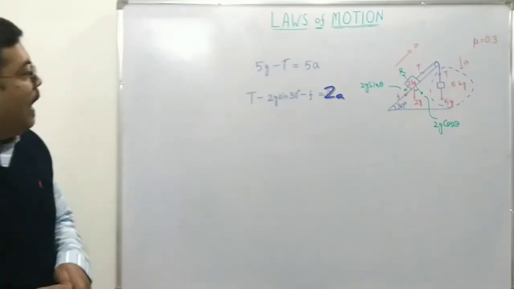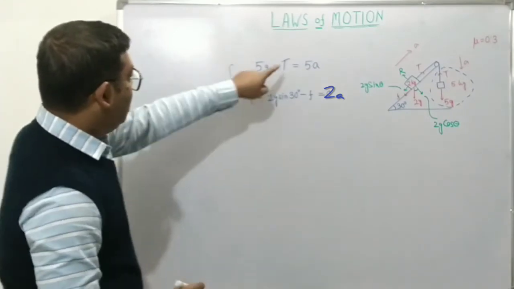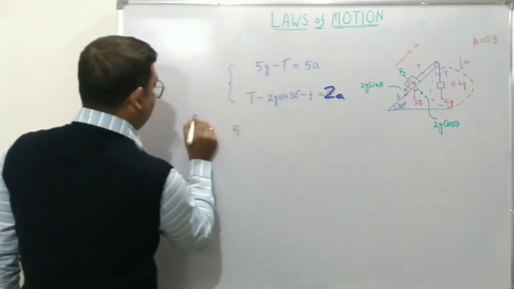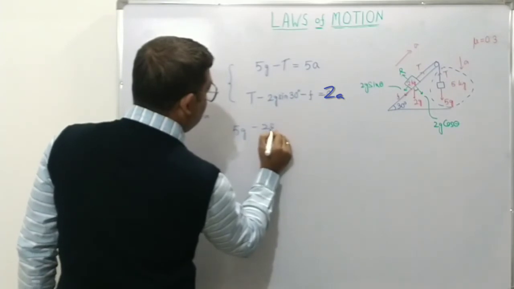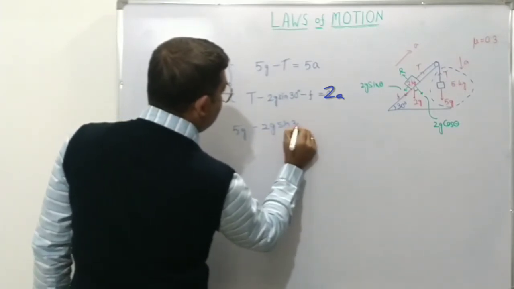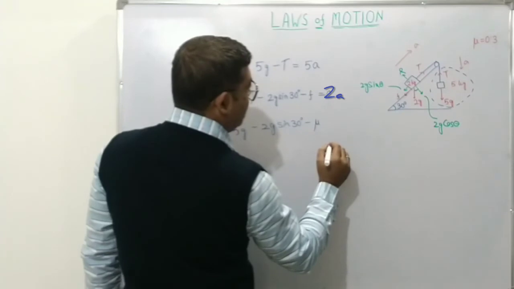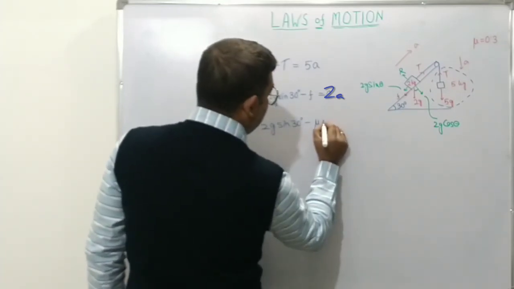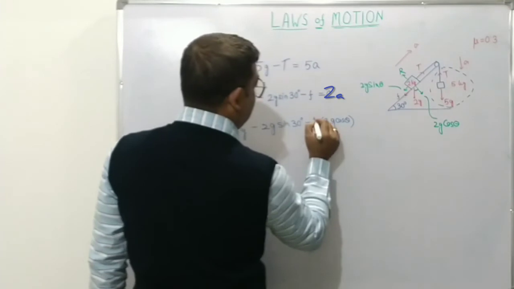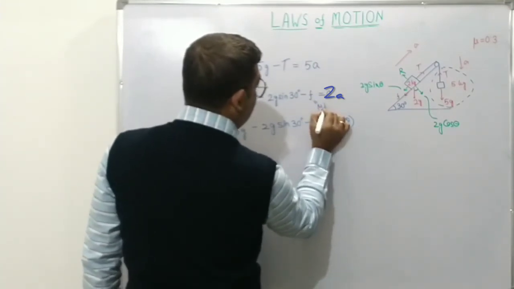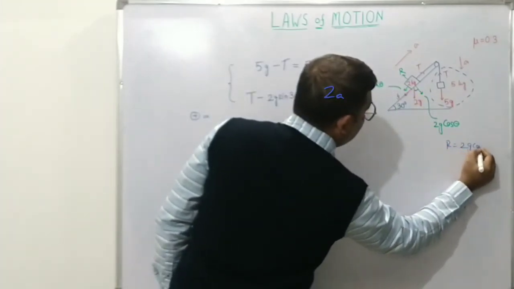Okay, if we add both the equations, what do we get? 5g, minus T plus T will cancel, minus 2g sin 30 degrees minus f. f will be mu R, where R is given by 2g cos theta in this diagram.